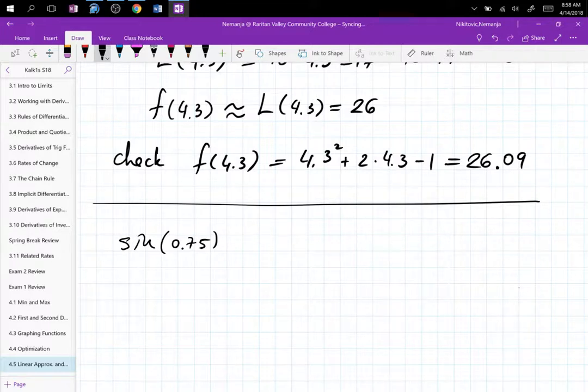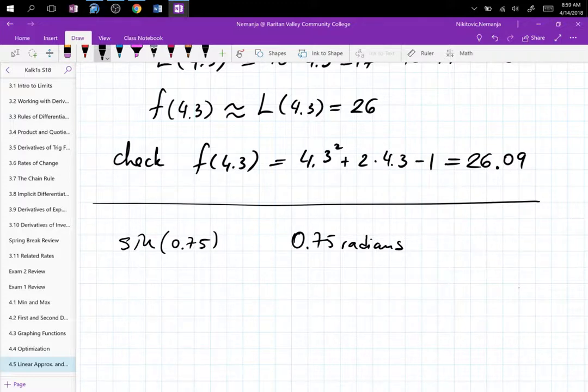But because it's 0.75 without a little sign for degree, this is 0.75 radians. That's less than 1 radian, and then you have 2 radians, 3 radians, and then finally 3.14 radians, which is pi radians, half a circle.